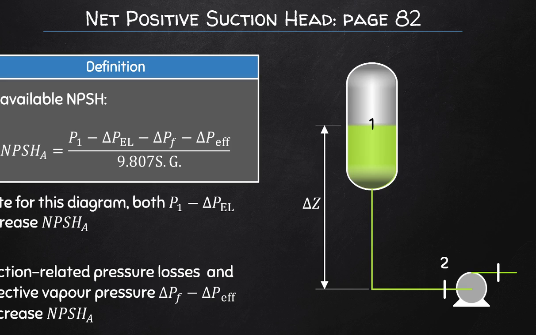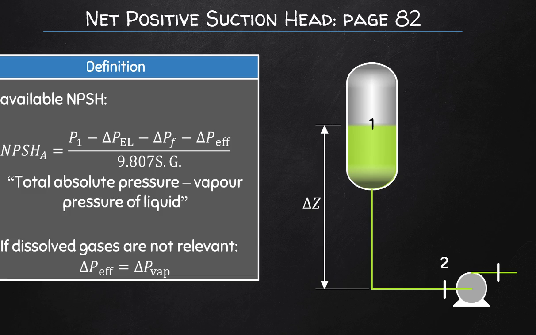But generally, losses in the net positive suction head can result from any friction in the pipeline, and also if the fluid is close to its bubble point. Obviously if it's close to its bubble point or is at its bubble point, then pumping it is definitely not a good idea.